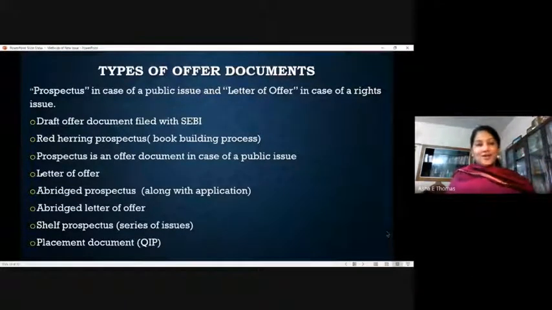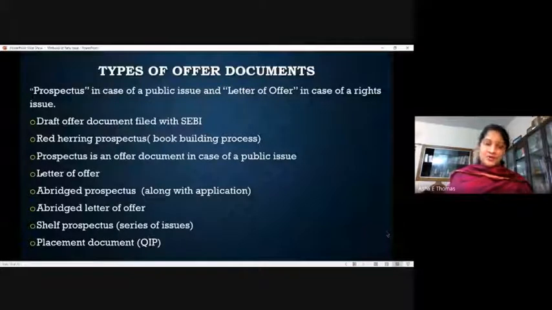And the last one is the placement document, which we are going to discuss in our class. And the placement document is, as the name indicates, associated with private placements. That is, it is the prospectus that will be given along with the application, the offer document, in case of private placement. That is why I have put QIP in brackets.